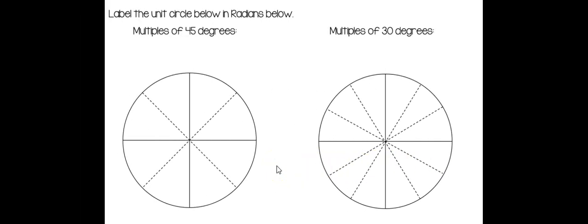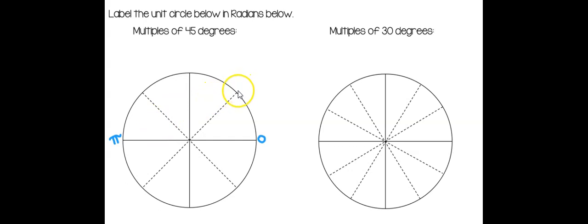Now we're going to label the unit circle in radian measures. We've done this in degrees, but now we'll label it in terms of radians. We know that 0 radians is right here, and half of the circle is pi radians. We're going to split pi into 4 sections, 4 pieces.